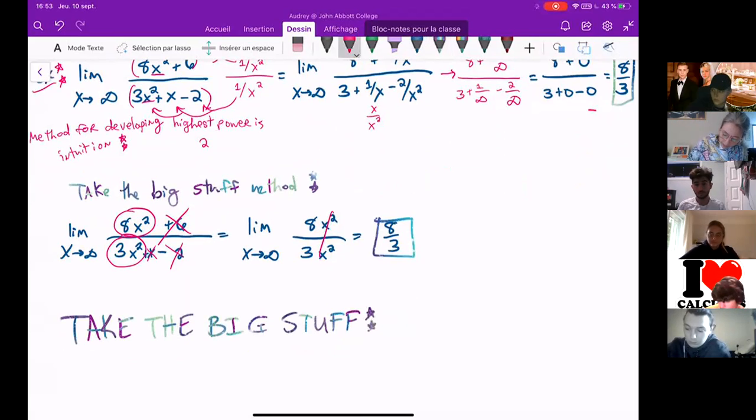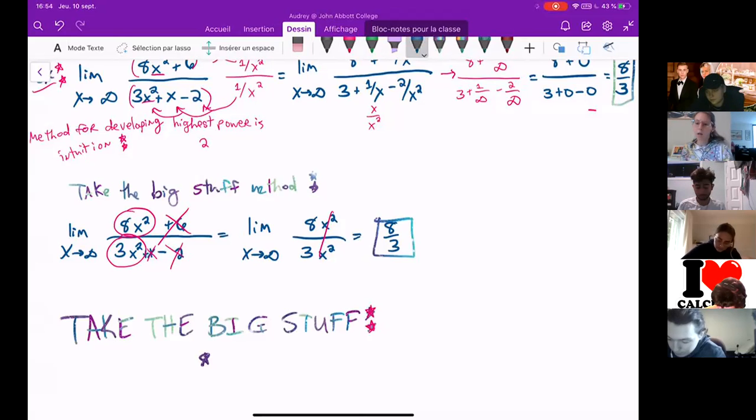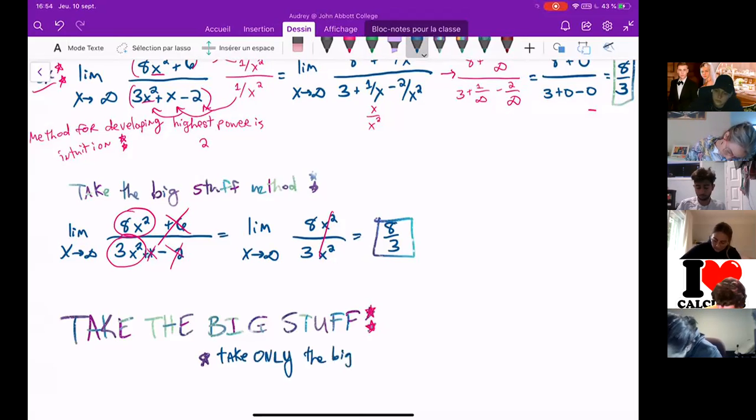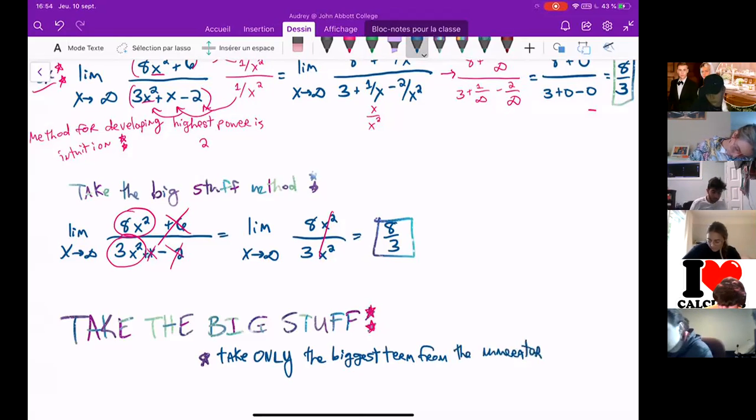And when we're taking the big stuff, what we do is we take only the biggest term from the numerator and the denominator. Get rid of everything else.